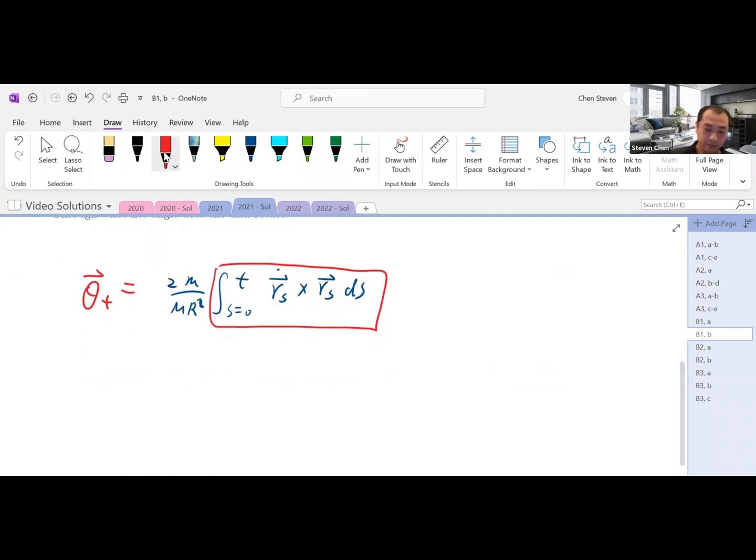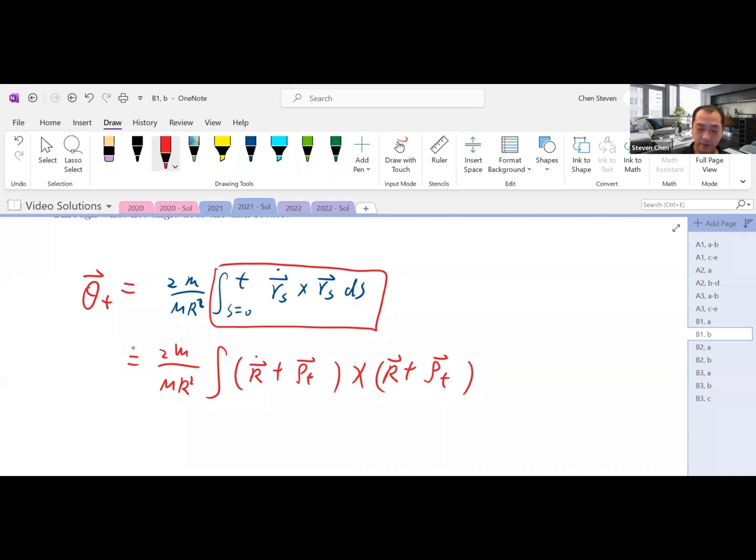All right. So for this integral, what is r_s? r_s is essentially R plus rho t. So its velocity is, we take the dot for each component.